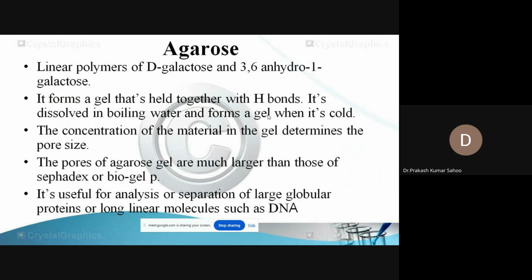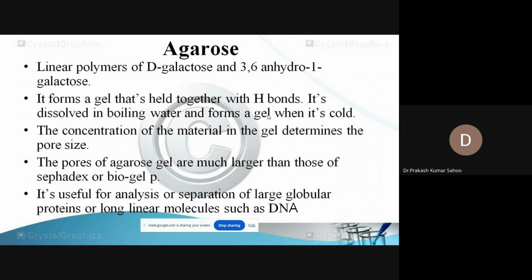Agarose is another material for our stationary phase. It is a linear polymer of D-galactose and 3,6-anhydro-L-galactose. It forms a gel that is held together with hydrogen bonds. It is dissolved in boiling water and forms a gel when it is cold.